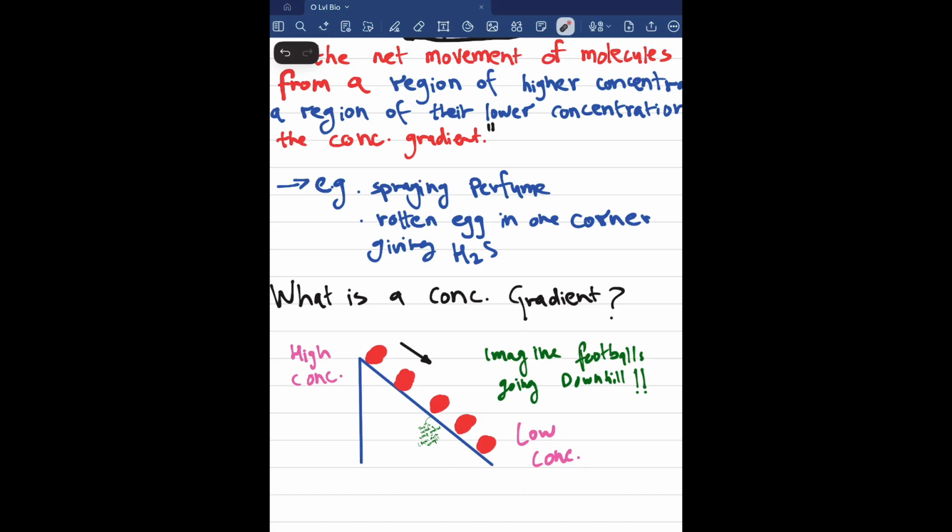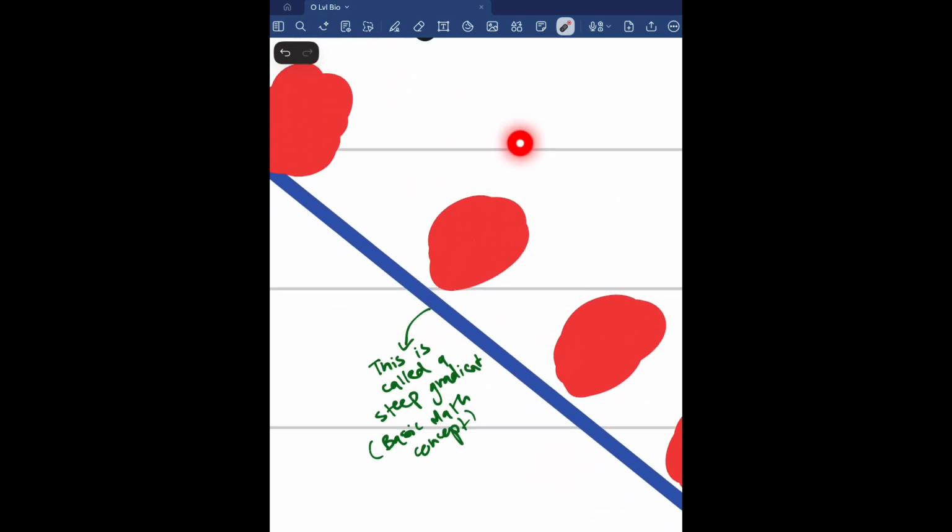So over here we have a store of footballs, and over here we don't have footballs. This is a plain land over here, right? So we are releasing footballs on this ramp like thing, and they're going downhill. So basically they're going from a higher concentration to a lower concentration, and this is basically called a steep gradient.